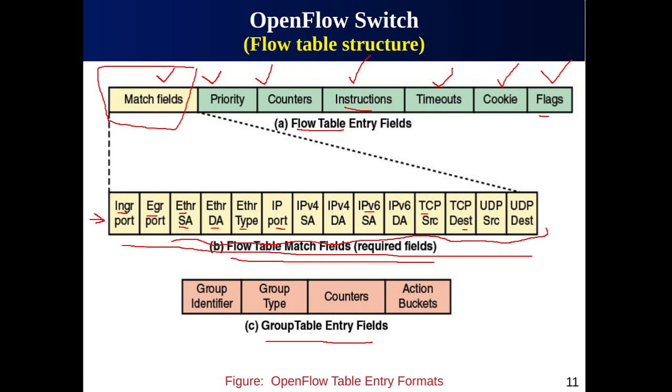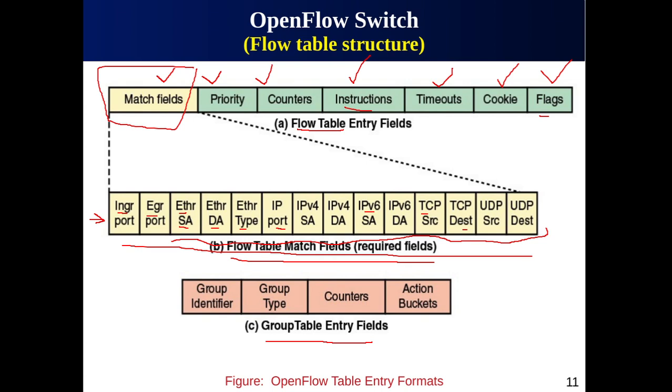If there is a match, then these instructions are going to be executed. And what are those actions? Actions describe packet forwarding, packet modification, or assignment of the packet to a group table where different operations could be performed, things like that.